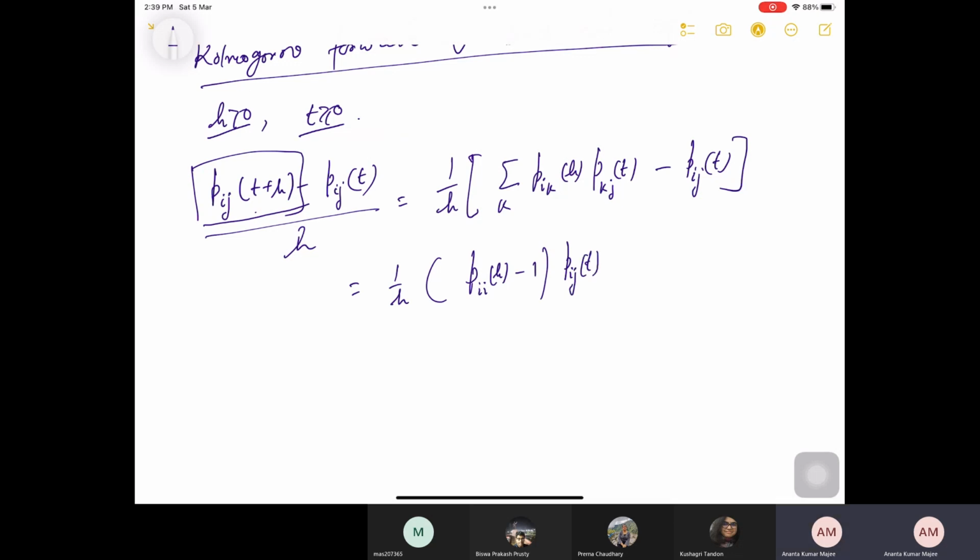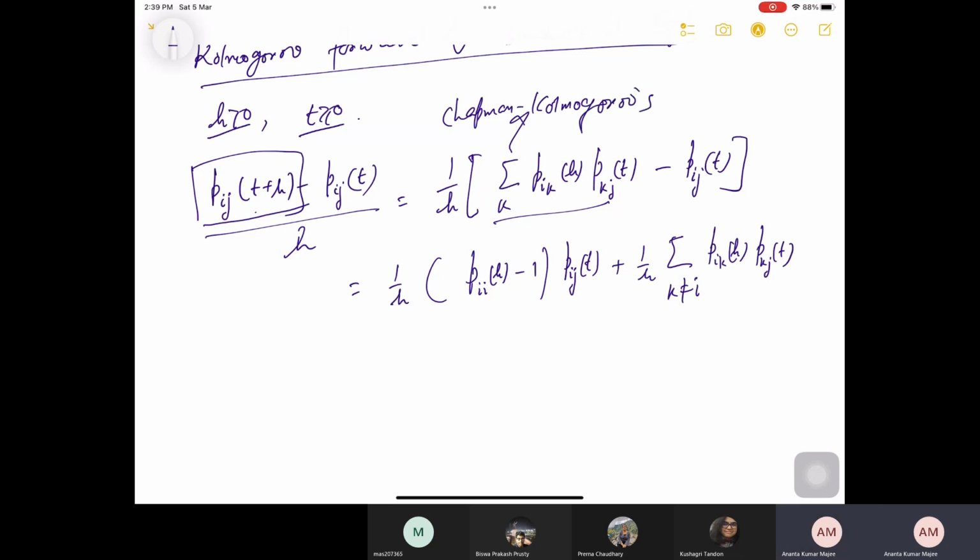And for k not equal to i, I end up with plus 1 by h summation over k not equal to i of Pik of h and then Pkj of t. Is it not? Here I am using this part, which is coming from the Chapman-Kolmogorov equation.